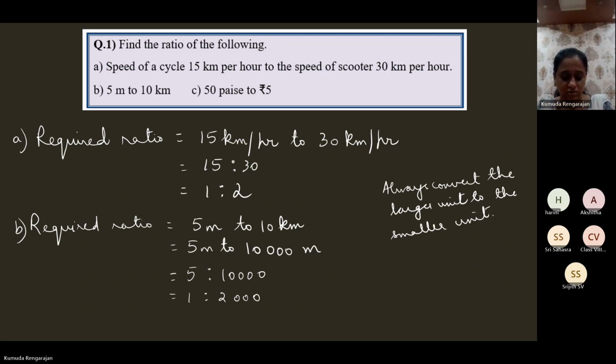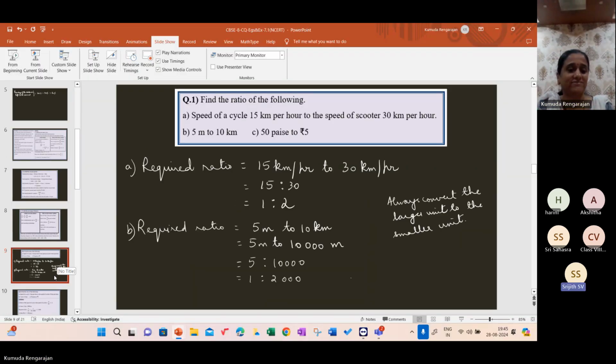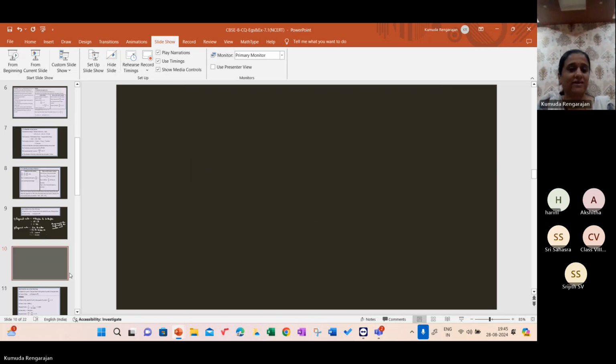Srijit, Sahasra, Avanish, Anirudh, any questions? No, ma'am. Hi, Srijit, nowadays you've become very quiet. Suddenly become very matured, huh? I'm missing your voice in the class. I don't see your naughtiness anymore.